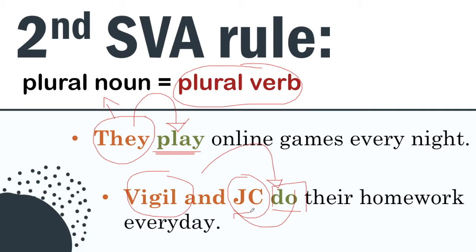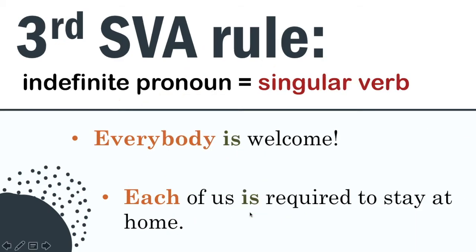Okay, let's now proceed to the last rule for today. For the other rules, I will actually make another video. I have to make sure that I don't do a long video. Okay, all right. So let's have the third SVA rule.